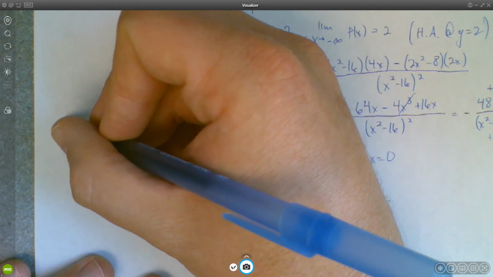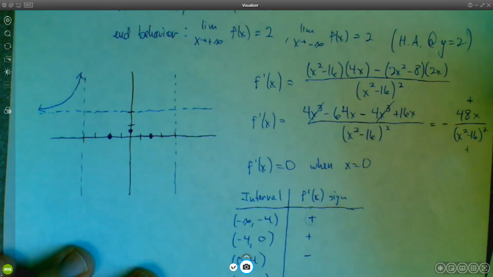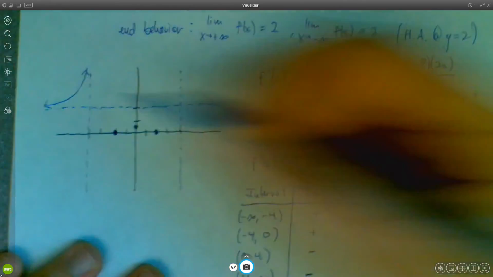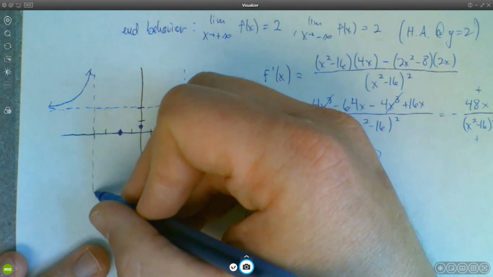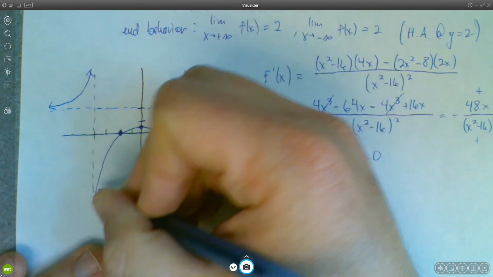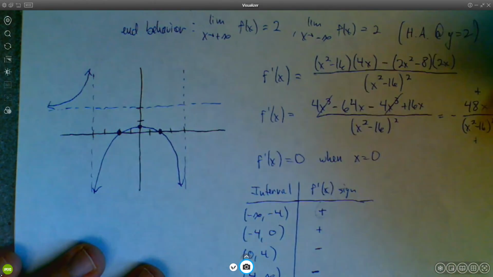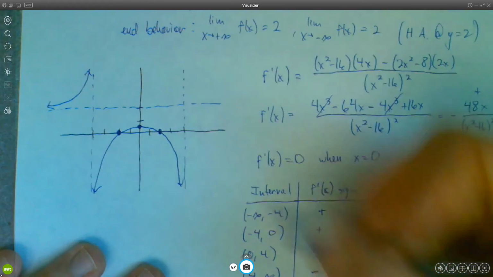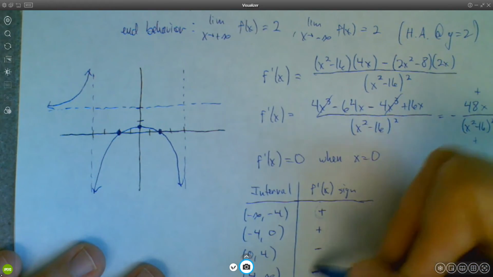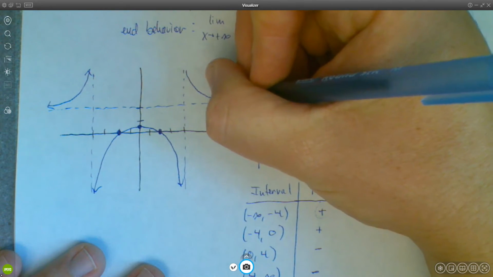So that just confirms my suspicion that this is what I have going on up in this quadrant, and that this is what I have going on sort of in the middle space. And then from 4 to infinity, I'm decreasing. So that tells me that I must have this kind of thing going on.